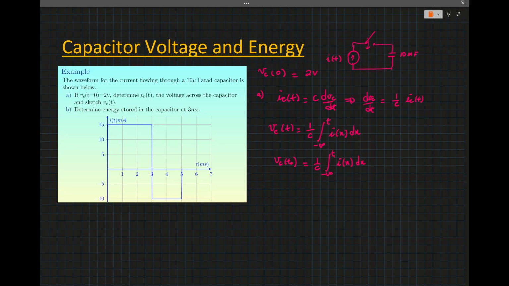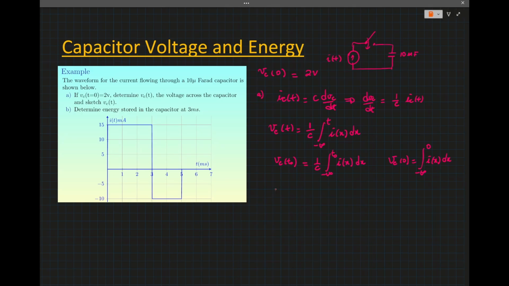So VC of 0 captures all the charges accumulated across the capacitor over time before we flip the switch at t equal to 0.